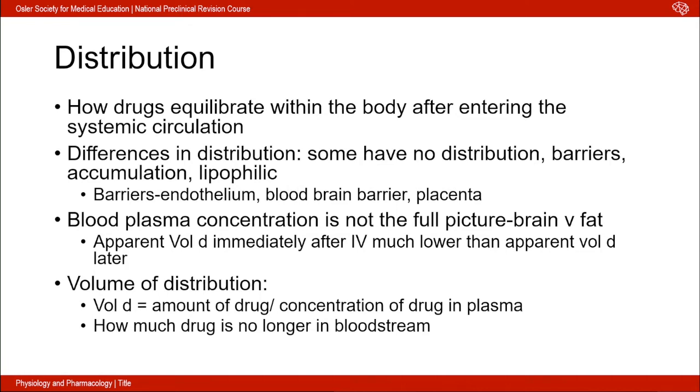In terms of plasma binding, the most important thing you need to remember is the plasma binding proteins, the most famous or common one of which is albumin, and it acts as a site for acidic, neutral, and basic drugs. The main thing in terms of medicine that we need to know about it for is the fact that albumin levels fall in liver disease, in older patients, in kidney disease, and if someone's had major burns, which is why certain drug doses have to be adjusted in these populations.